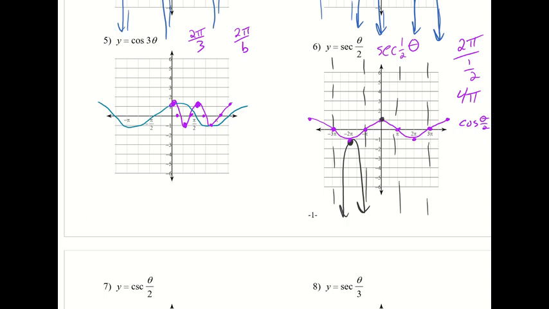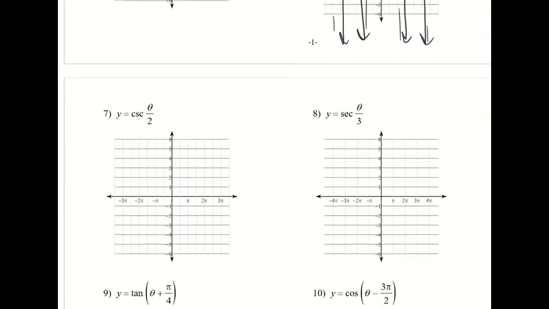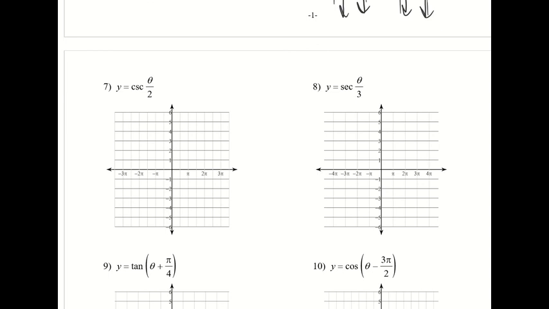Cosine has a maximum, secant has a minimum, and it's going to follow this pattern over its entire domain. And then here are other ones that you can practice with.